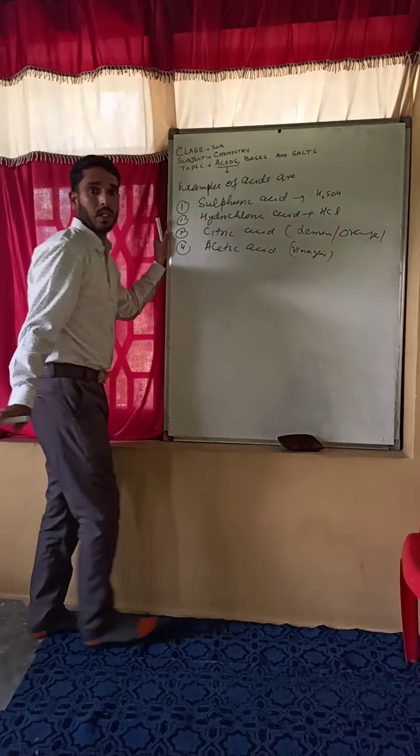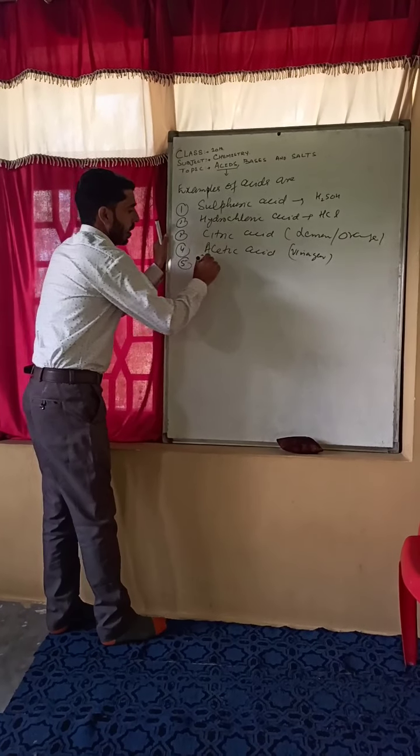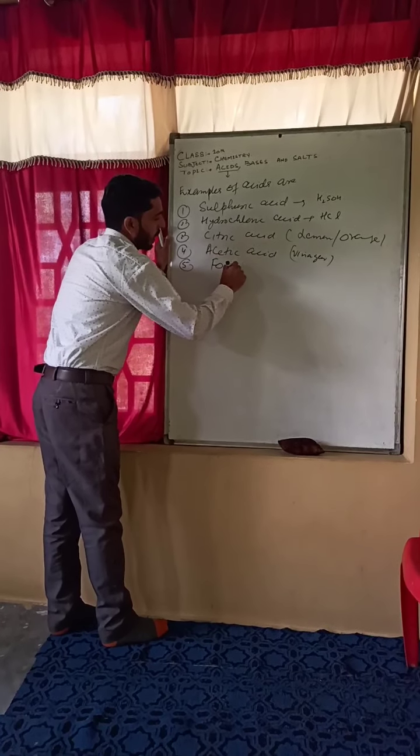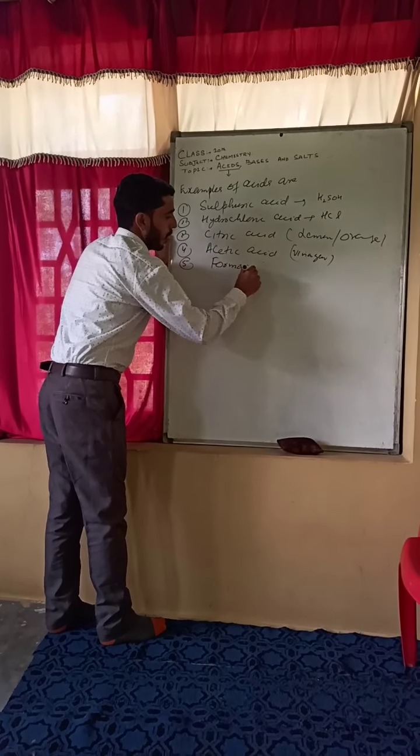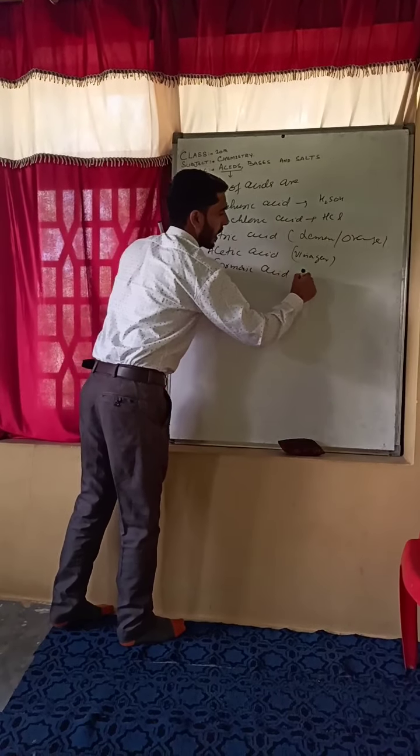You note down these things in your notebooks. Then we have formic acid. We get formic acid from ants.